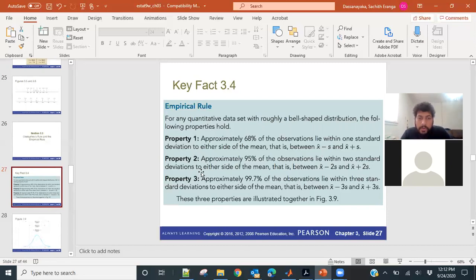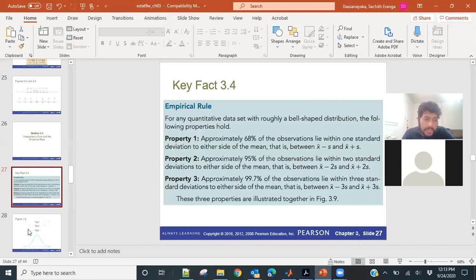Property 2 says approximately 95% of observations lie within two standard deviations, which means X bar plus or minus 2 times S. Property 3 says approximately 99.7% of observations lie within three standard deviations, which means X bar plus or minus 3 times the standard deviation.